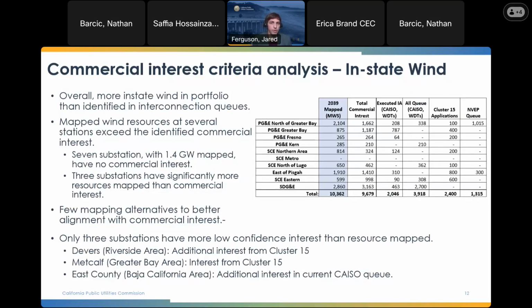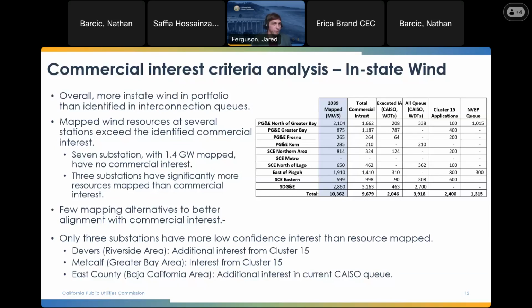You can see we've pulled the total commercial interest from the ISO queue, the Cluster 15 applications, and also for the Eastern Sierras, that Northeast California area, and the Southern Nevada area, looking at the Nevada Energy queue to see what locations have commercial interest in those queues.